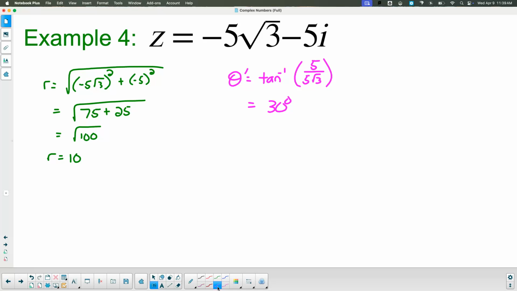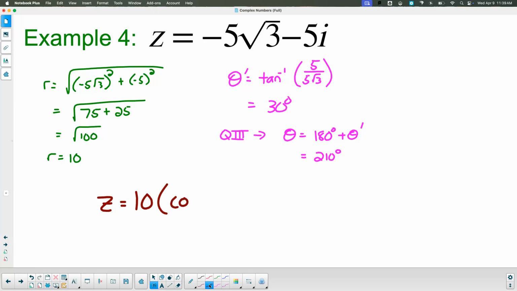Since this is in quadrant 3, theta is 180 degrees plus my reference angle, so I get 210 for my actual theta. So my complex number in trig form is 10 cosine of 210 plus i sine of 210.